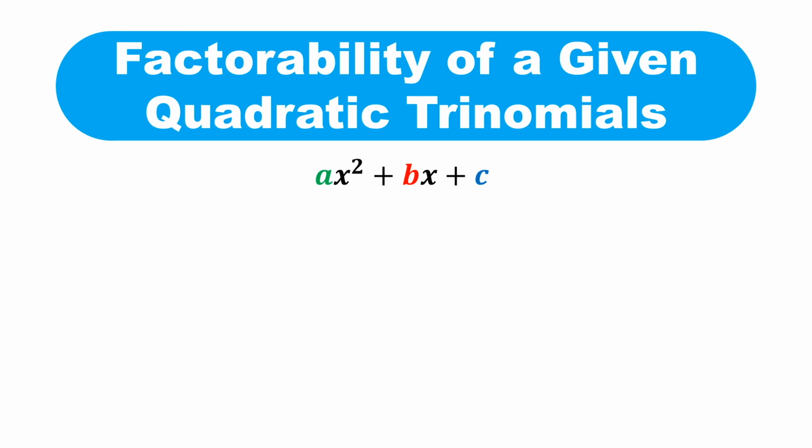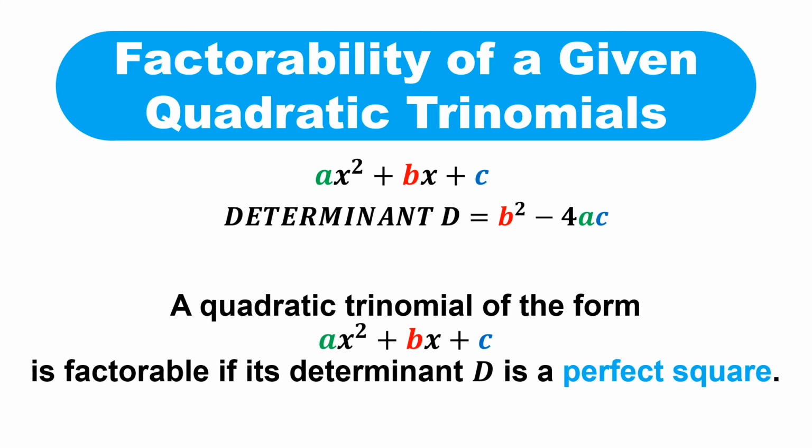To avoid the tedious manner of finding factors, we can subject a quadratic trinomial of the form ax squared plus bx plus c to a factorability test. First, we determine the value of the so-called determinant. It is equal to b squared minus 4ac. Remember, a quadratic trinomial of the form ax squared plus bx plus c is factorable if its determinant is a perfect square. Now, try this.